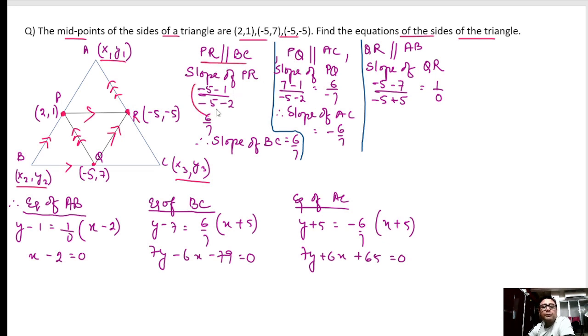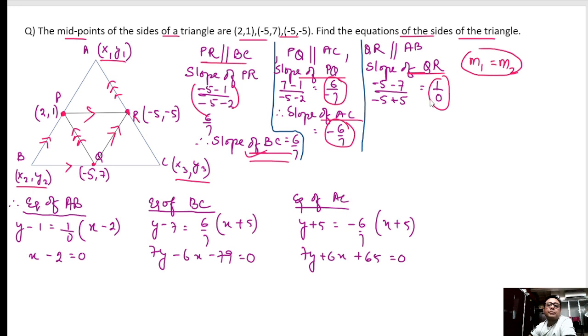The slope of PR is this, therefore the slope of BC will be this, because for parallel lines m1 should be equal to m2, the slopes should be the same. Similarly, the slope of PQ is this and the slope of AC will also be this. The slope of QR is this, so the slope of AB will also be this.